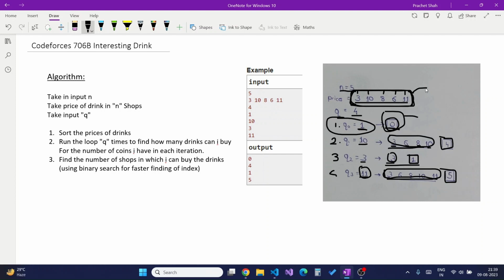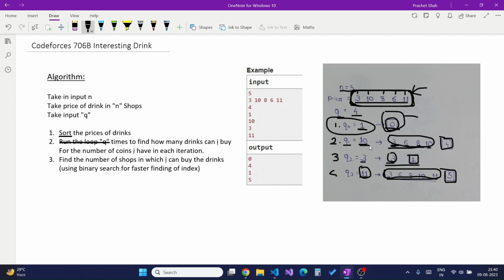So first we will sort the prices of drink, then we will run the loop q times, and to find the total number of shops, instead of traversing linearly from index 0, we will apply the binary search approach to find the index of the position where the value is less than the shop price. So we will run the loop, and for each consecutive day we'll apply binary search so we can find the index, and that index would be the answer.